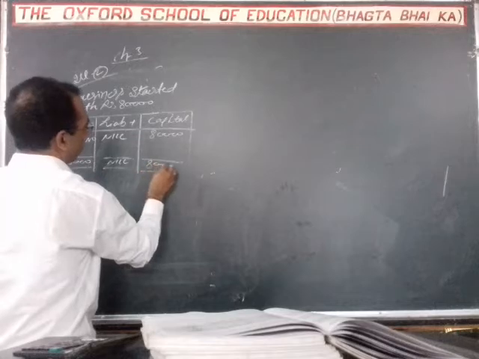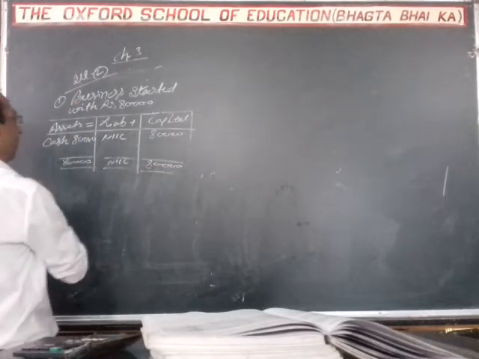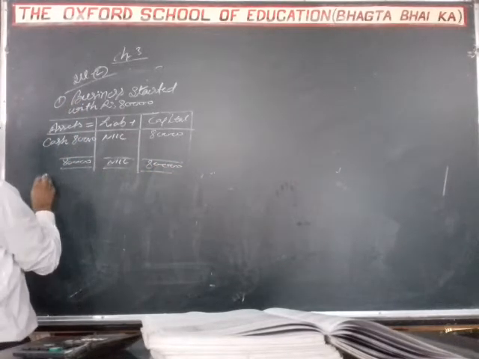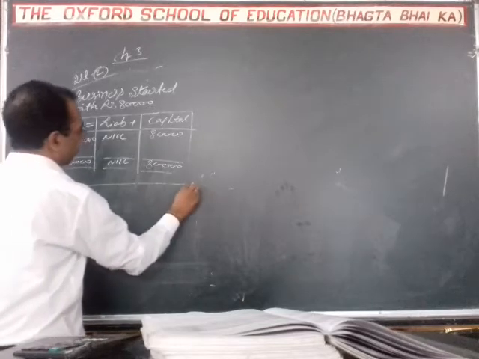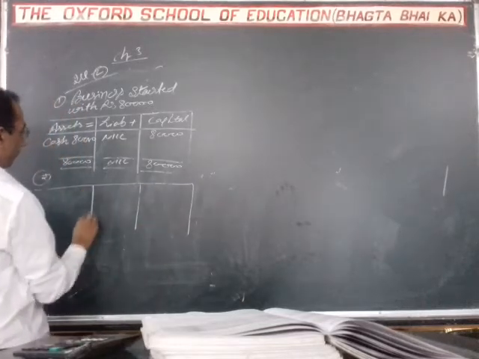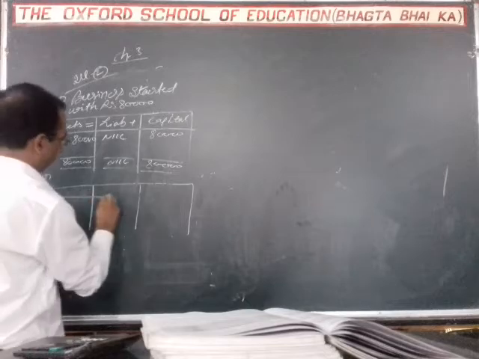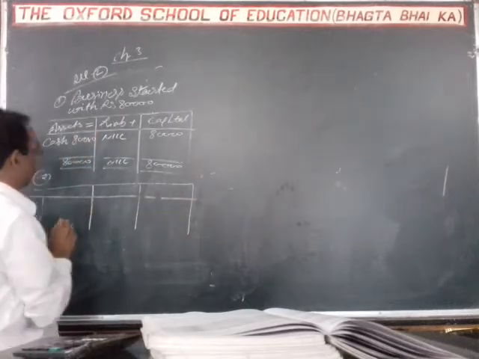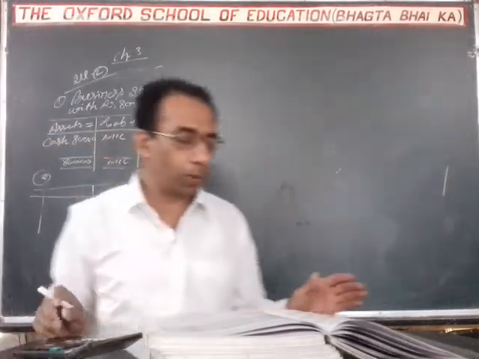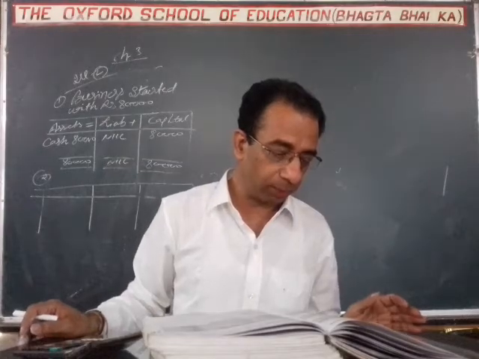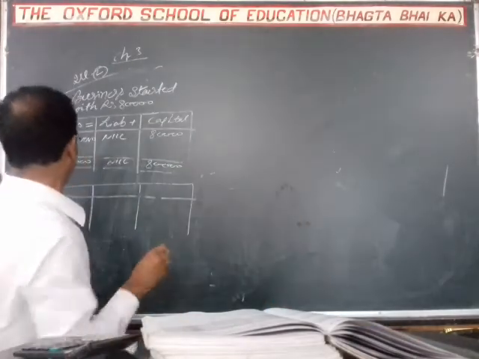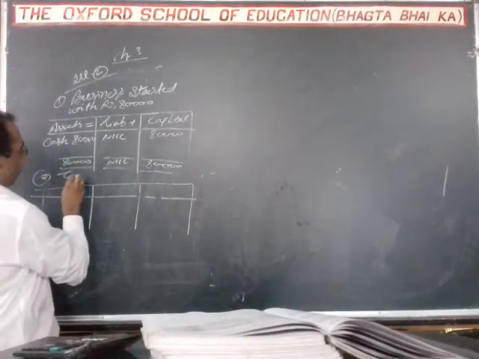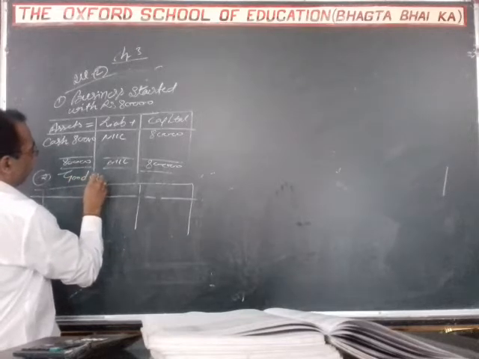So the amount of capital is 80,000, because assets are 80,000 and liability is nil. Now we discuss the second statement: purchase goods on credit, 20,000. Student, goods purchased on credit.